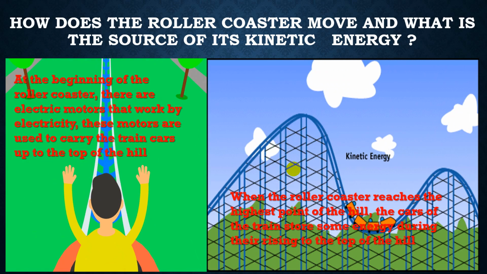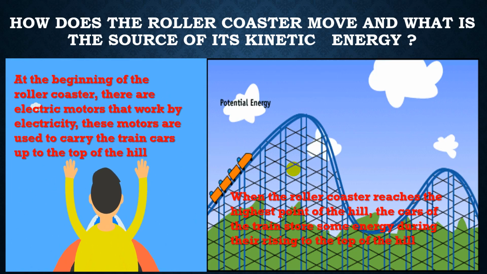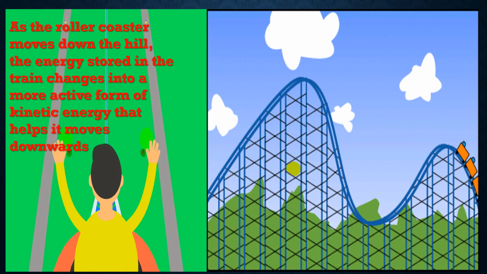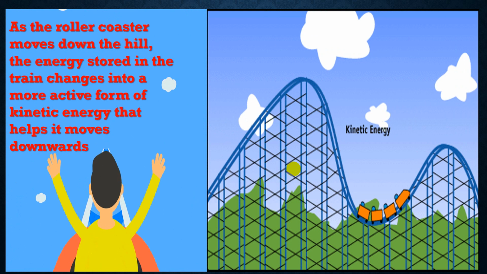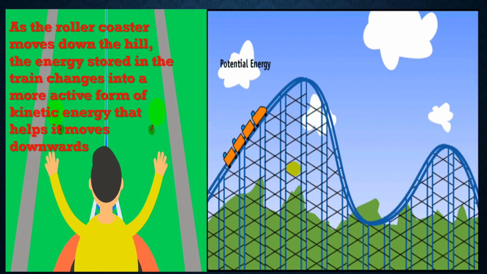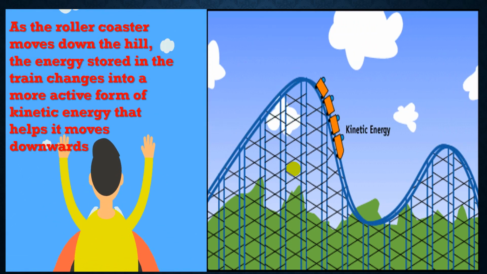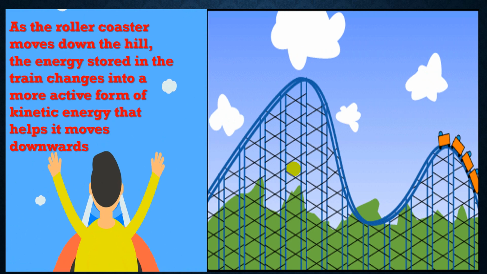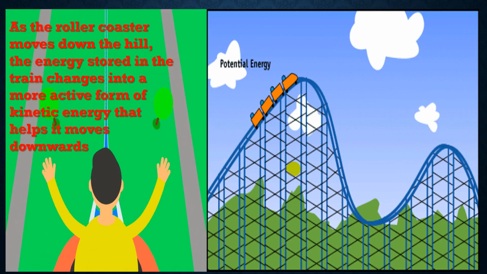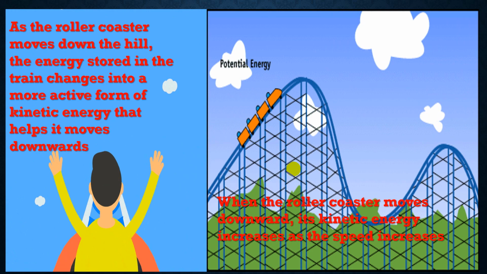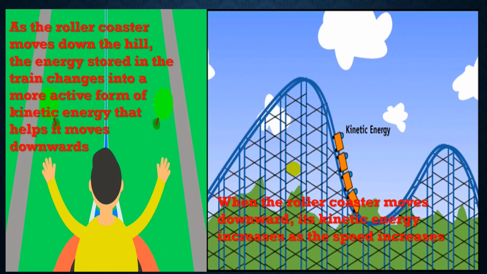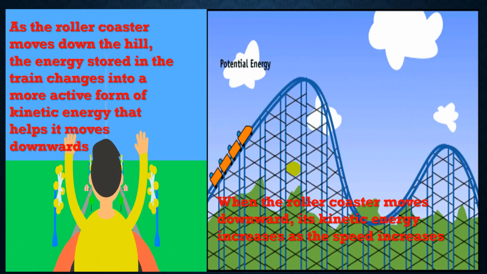So stored energy, I mean its potential energy. And as the roller coaster moves down the hill, the energy stored in the train changes into a more active form of kinetic energy that helps it move downward. And when the roller coaster moves downward, its kinetic energy increases as the speed increases.